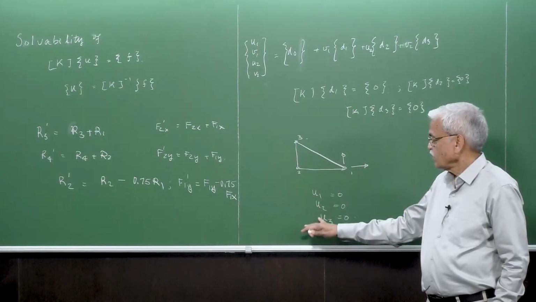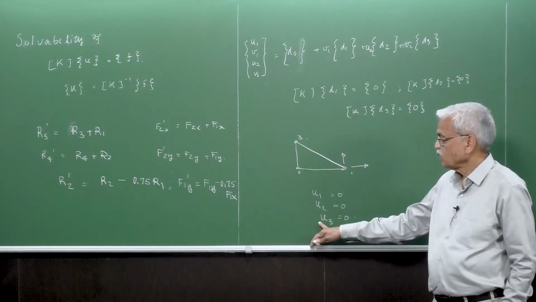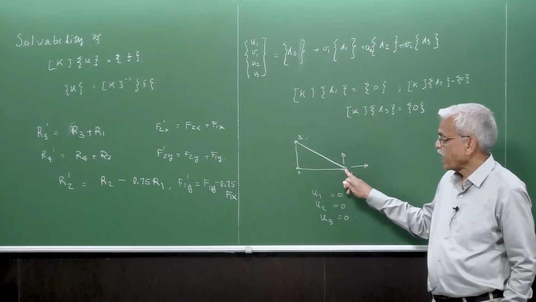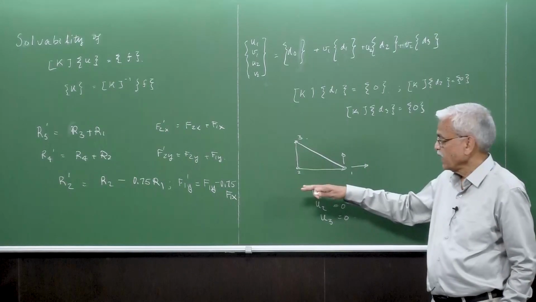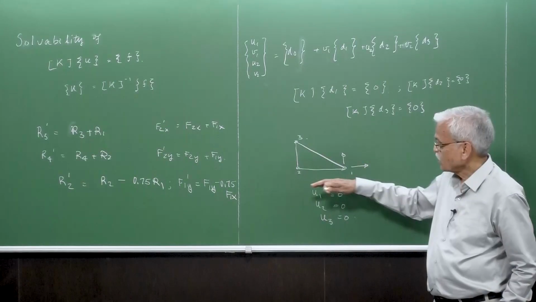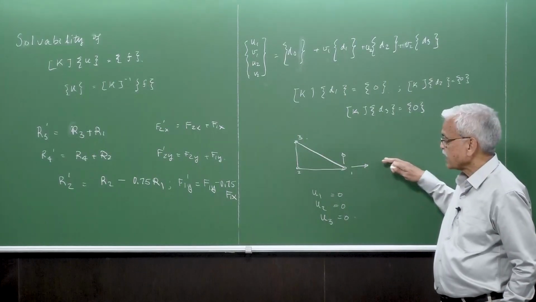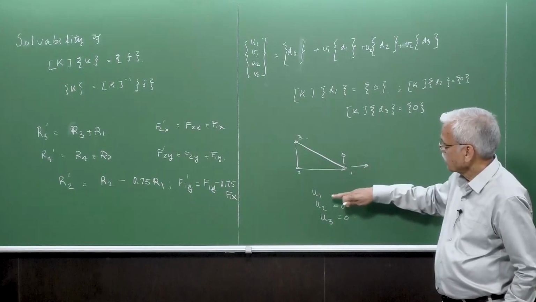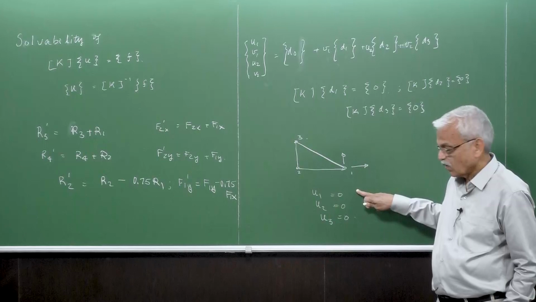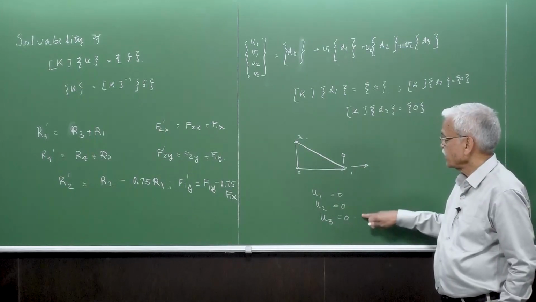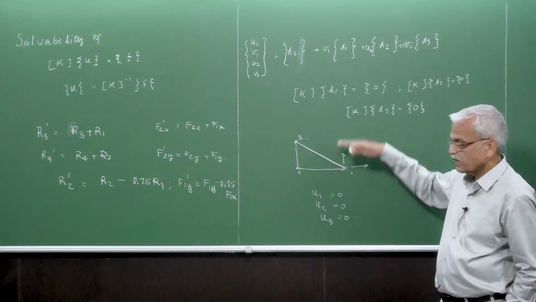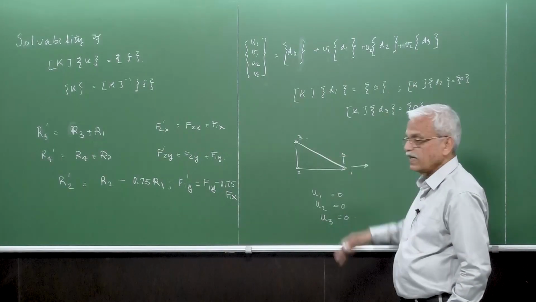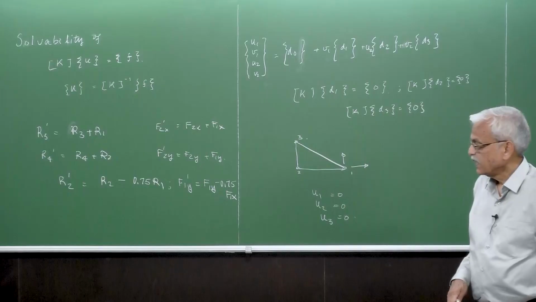If you look at this, u1, u2, u3 are the displacements in the x direction. That means that node 1, node 2 and node 3 are constrained not to move in the x direction. But v1, v2 and v3 can be non-zero, which means that the structure is allowed to move in the y direction.